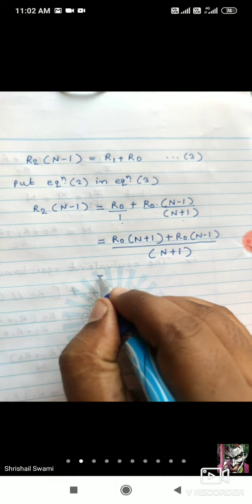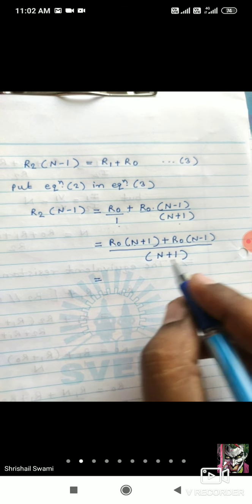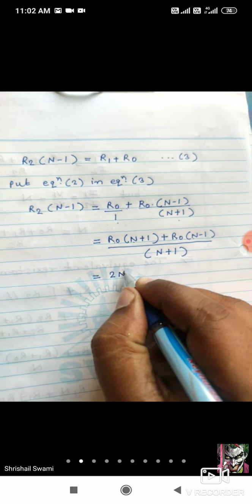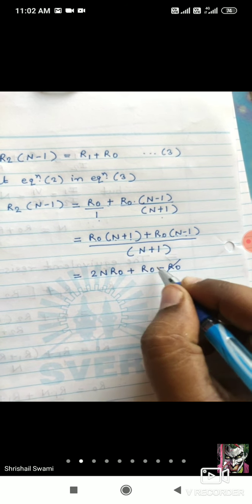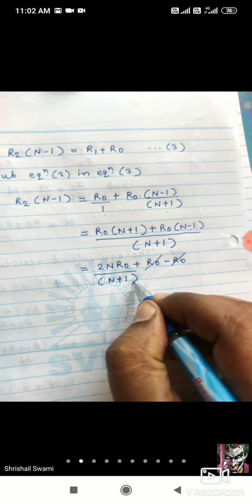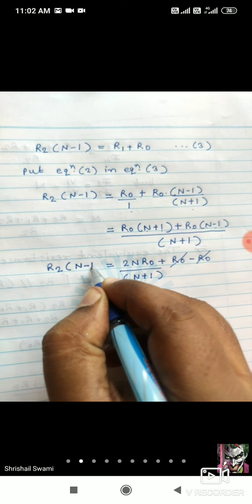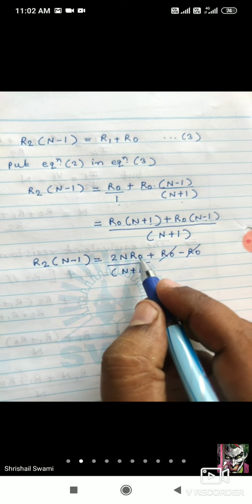Now solve: R0 into n and R0 into n will give 2n into R0. Next, plus R0 into 1 and R0 into minus 1 will get cancelled, that is R0 minus R0 cancels, divided by n plus 1. Now this gives R2 into n minus 1 is equal to 2n R0 divided by n plus 1.